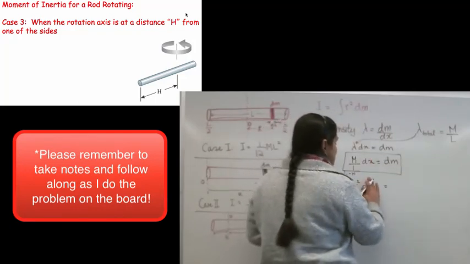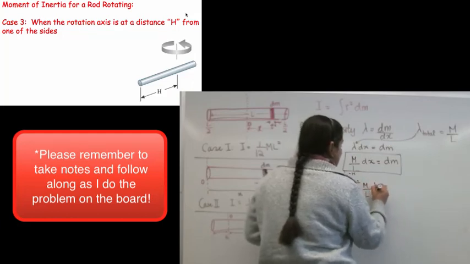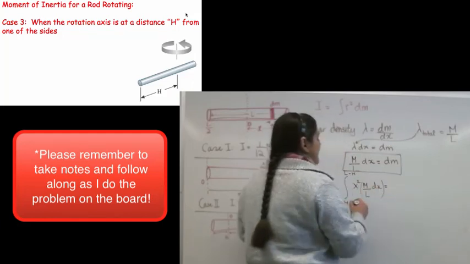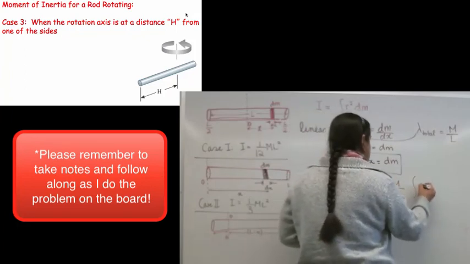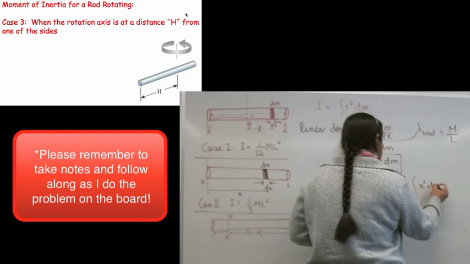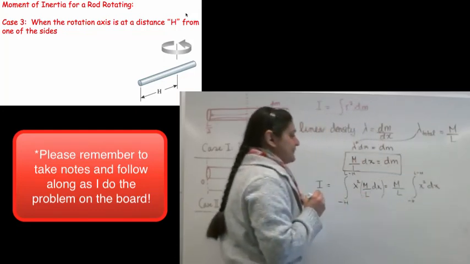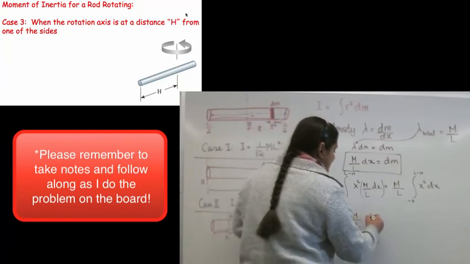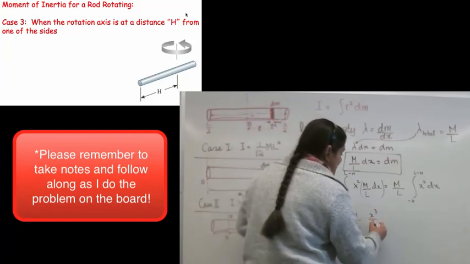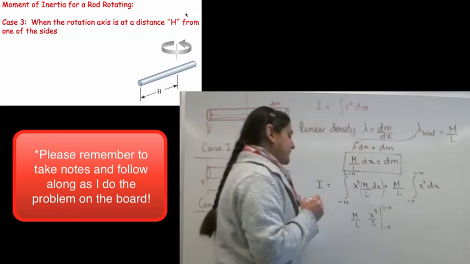I'll plug in the dm as well here. So it will be m over L dx, right? And that gives me m over L integration x squared dx from minus h to L minus h. That gives me m over L x cubed by 3 from minus h to L minus h.